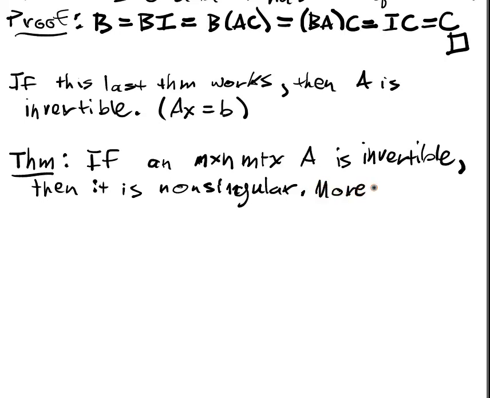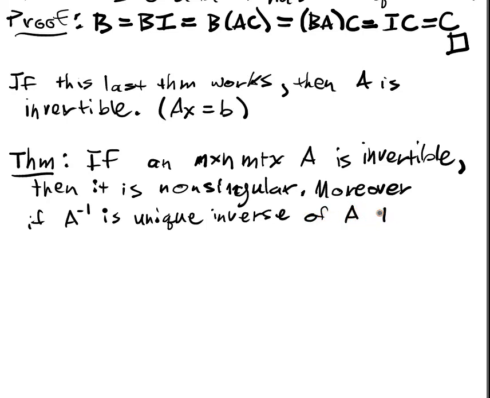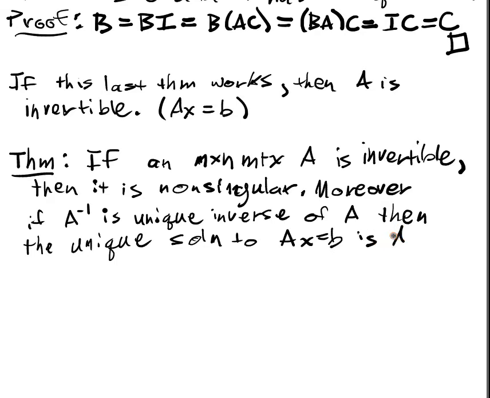Moreover, if A inverse is the unique inverse of A, then the unique solution to the equation AX is equal to B is simply X is equal to A inverse B. That's a very nice way to compute.